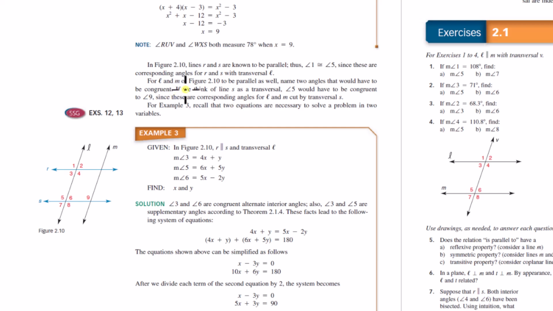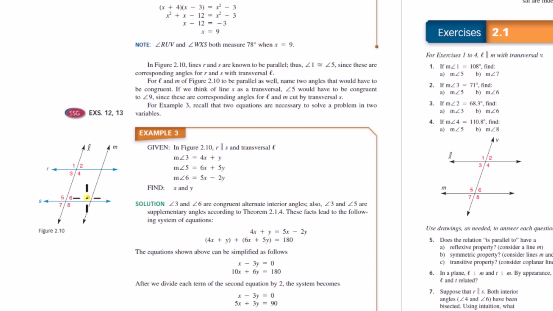For L and M of figure 2.10 to be parallel as well, name two angles that would have to be congruent. One of the things they're going for is that R and S are parallel, but we can go in the other direction and try to prove that L and M must be parallel by analyzing the angles.